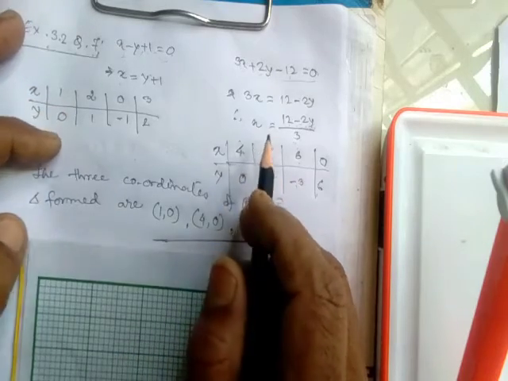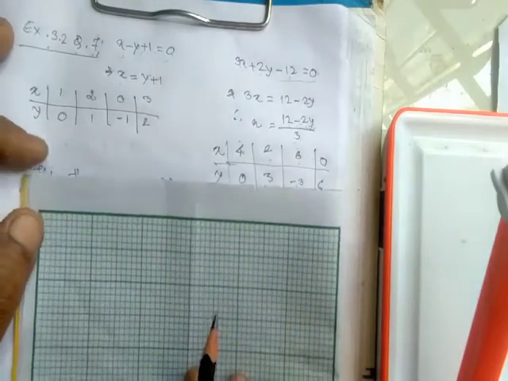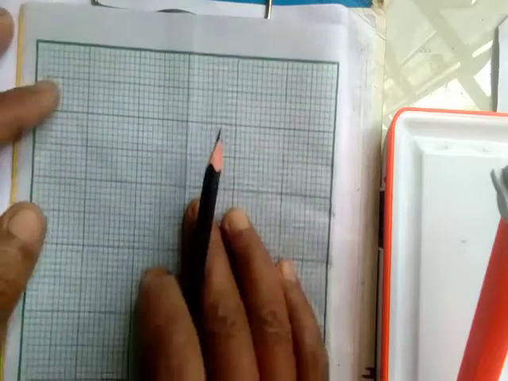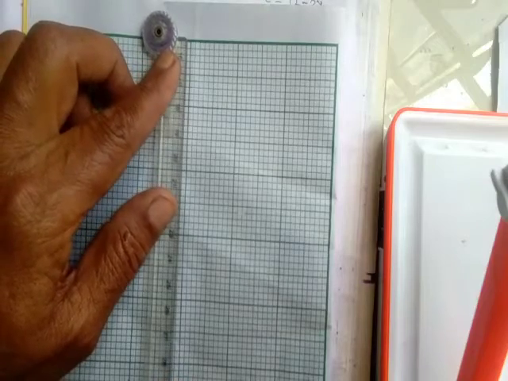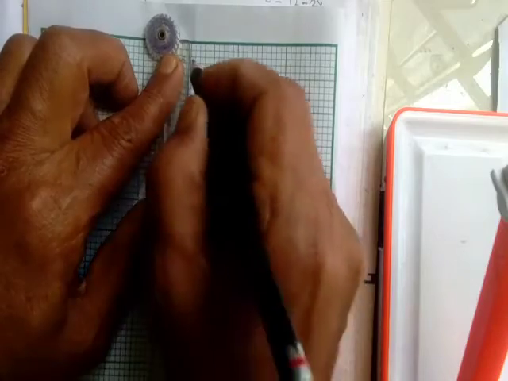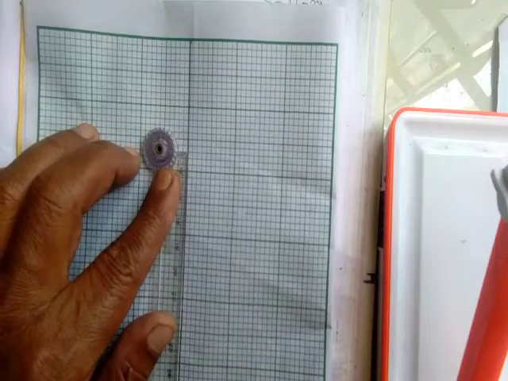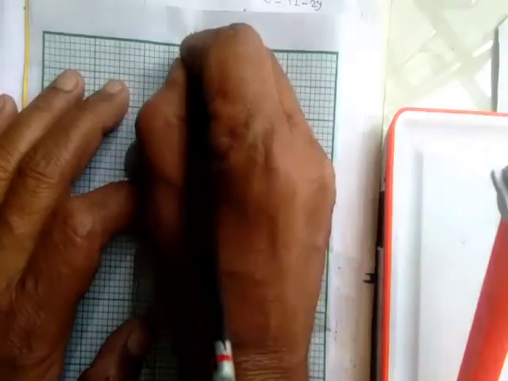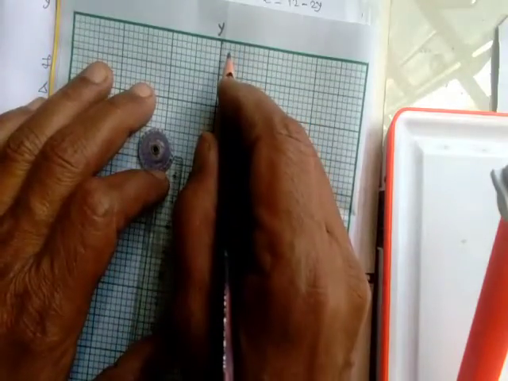Now these coordinates I am going to plot on the graph. First of all I will divide this squared paper into 4 parts. I will take a ruler, always use a pencil, and draw the line. This vertical line is called the y-axis, y dash and y.